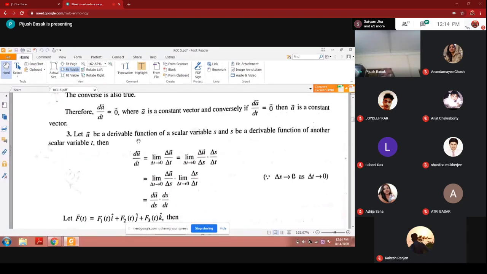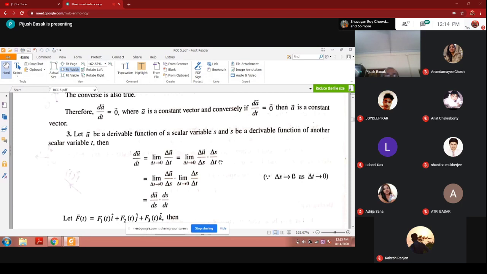if u is a derivable function of a scalar variable s, and s is a derivable function of another scalar variable t, then du/dt is equal to the limit as delta t tends to 0 of delta u/delta t, which equals the limit as delta t tends to 0 of delta u/delta s times delta s/delta t.